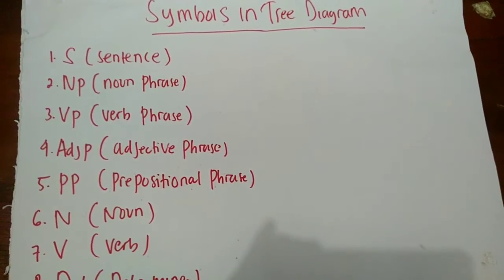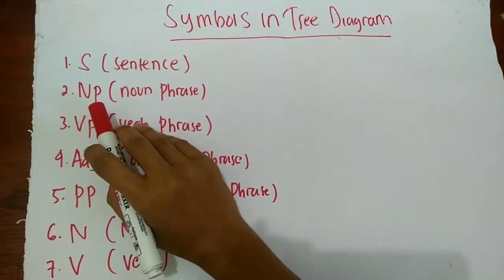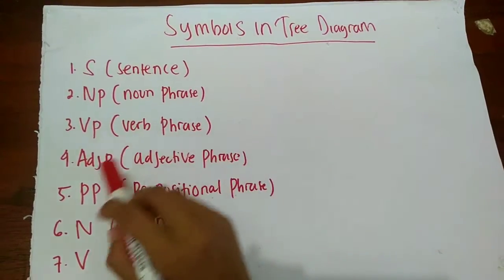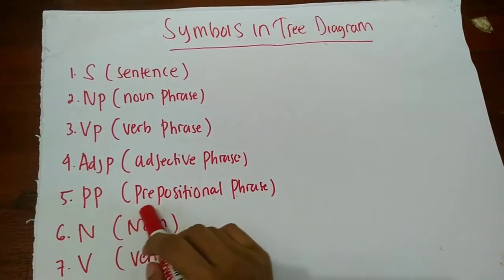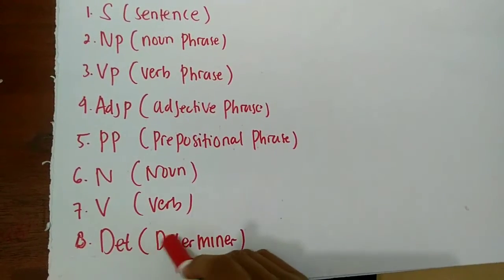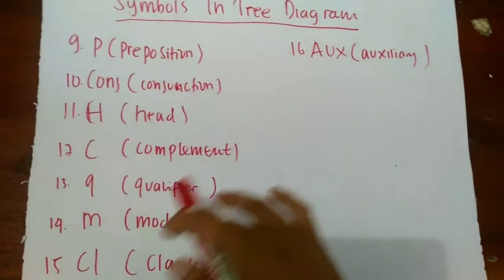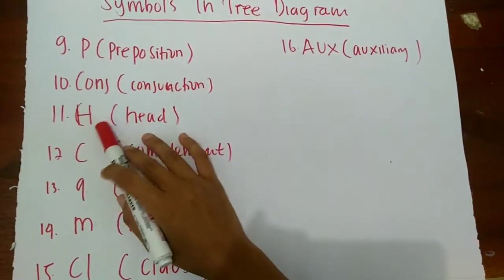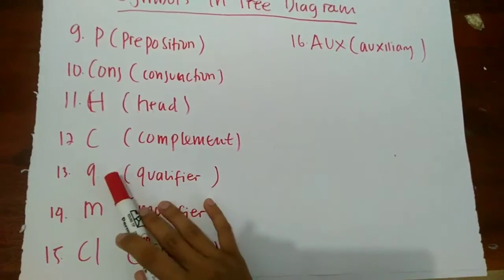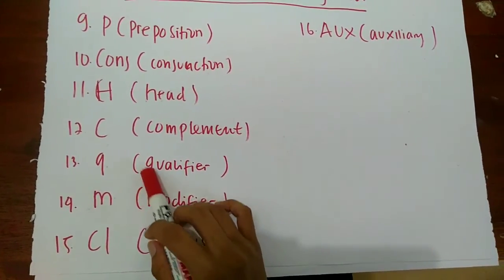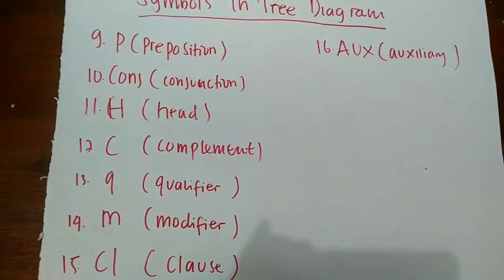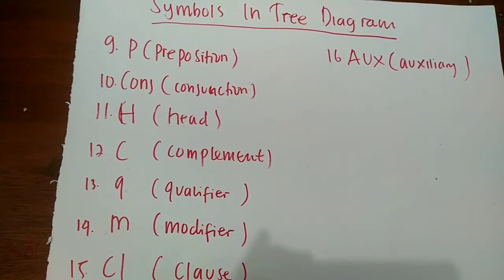So these are the symbols in a tree diagram: S as sentence, NP as noun phrase, VP as verb phrase, AP as adjective phrase, PP as prepositional phrase, N as noun, V as verb, Det as determiner, P as preposition, Conj as conjunction, H as head, C as complement, Q as qualifier, M as modifier, CL as clause, and Aux as auxiliary.